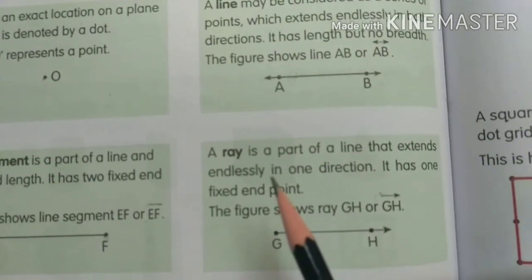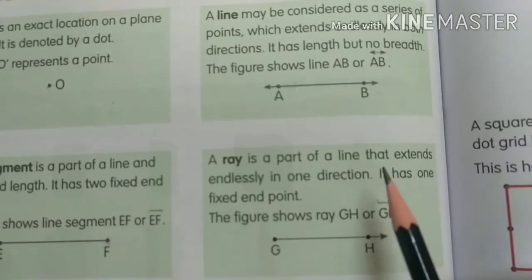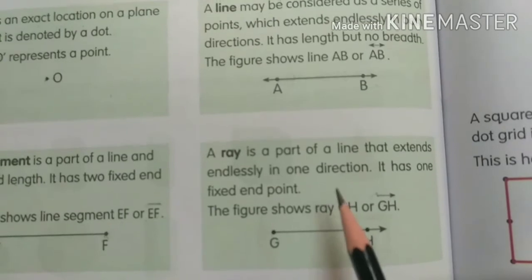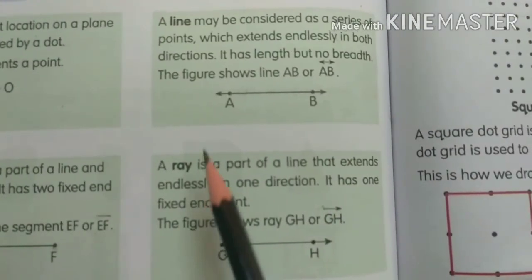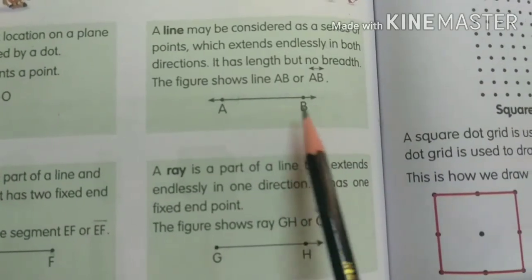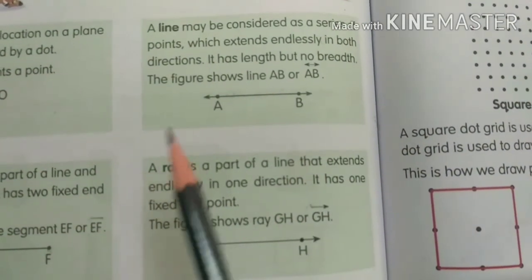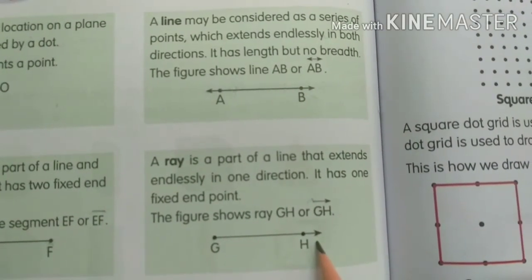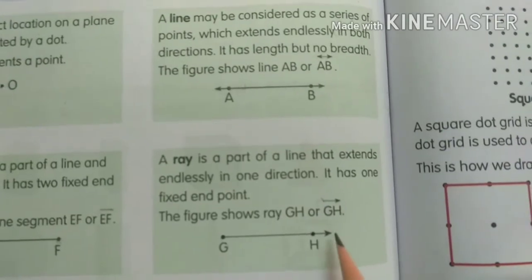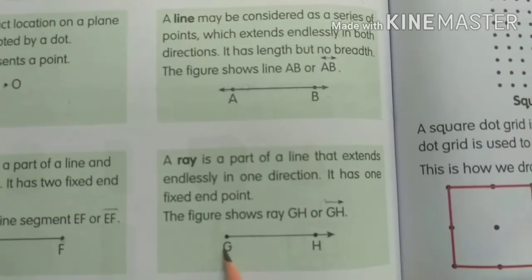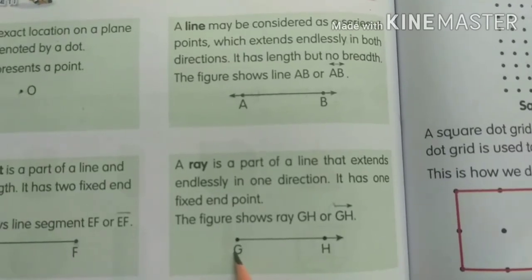Then a ray is a part of a line that extends endlessly in one direction. It is also part of a line, but the line has no end points in both directions, while in a ray only one direction has no end point and the other direction has an end point.